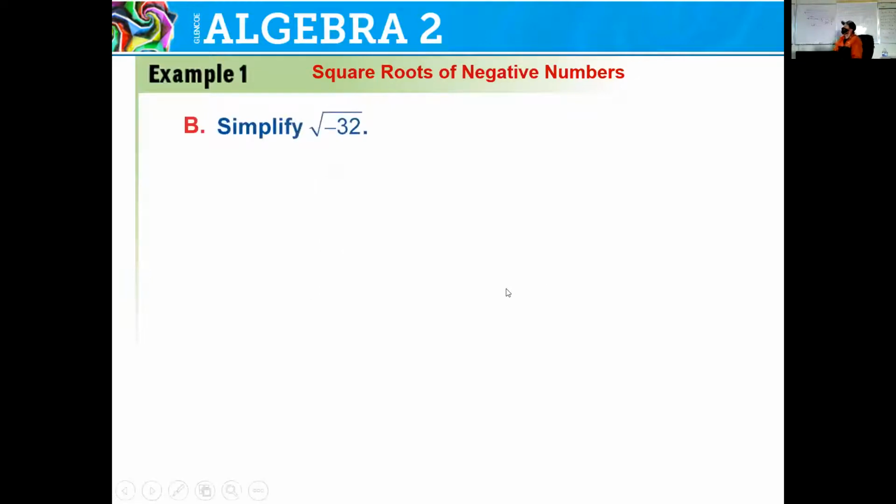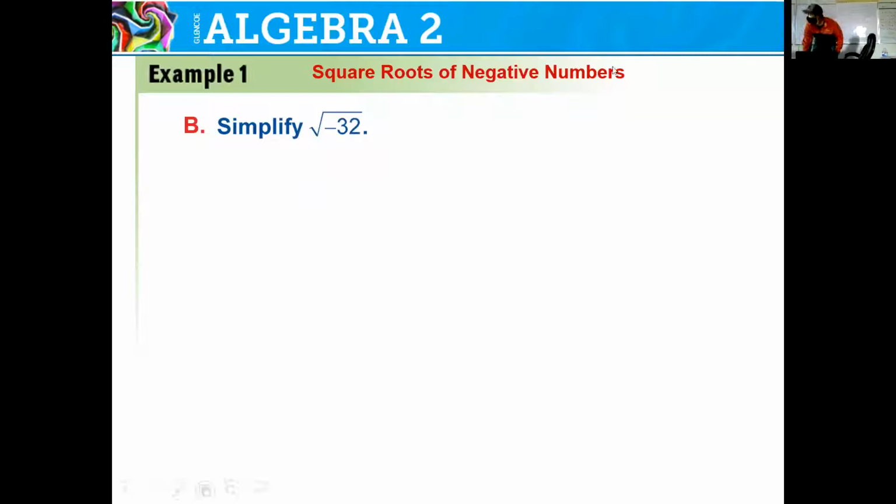On the next one, once again, I want to find the biggest square that will get multiplied into 32. Knowing that, I know that 16 times 2 is equal to 32. So 16 is the biggest square that gets multiplied evenly.